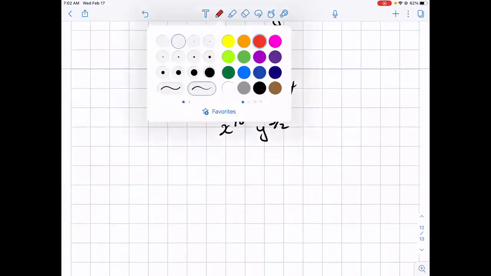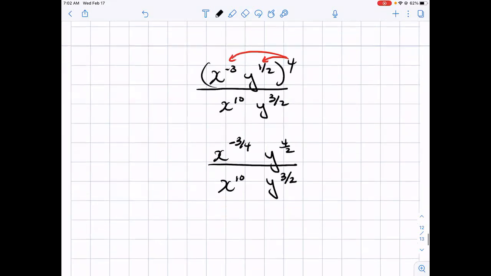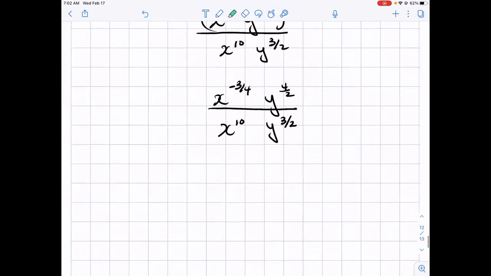By doing this, we get x to the -3/4, y to the 4/2 divided by x to the 10th, y to the 3/2. Now you can simplify this if you want and write 1/2, but I'll leave it for now, doesn't matter.